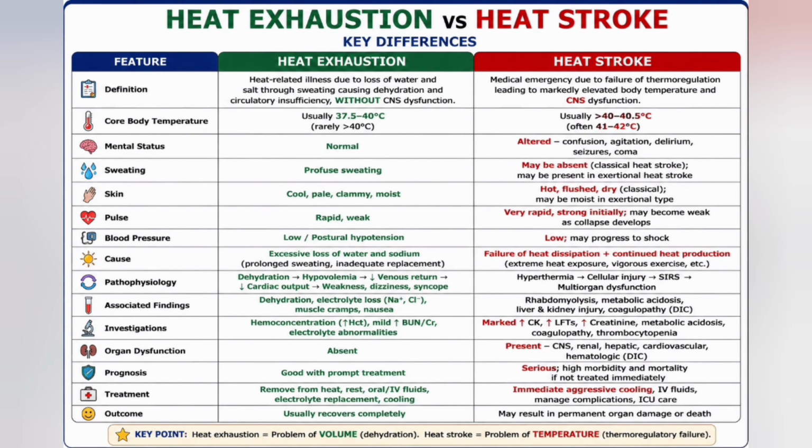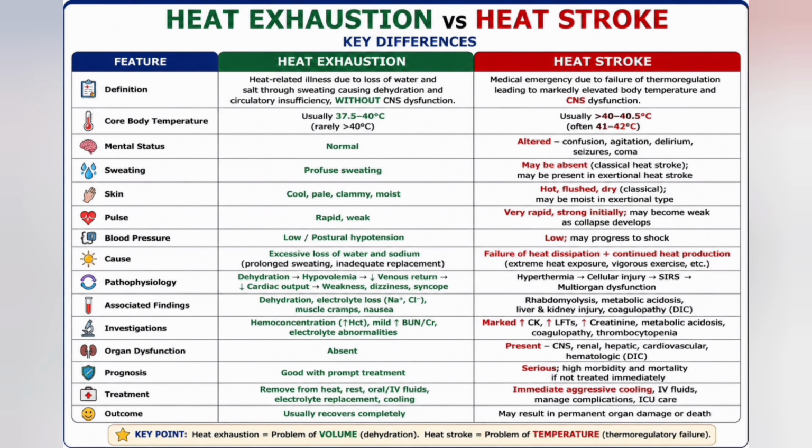We will discuss the differences between classical and exertional heat stroke in the subsequent slide. Then organ dysfunction is absent in heat exhaustion while it is present in heat stroke. There may be CNS, renal, hepatic and cardiovascular symptoms as well as disseminated intravascular coagulation.